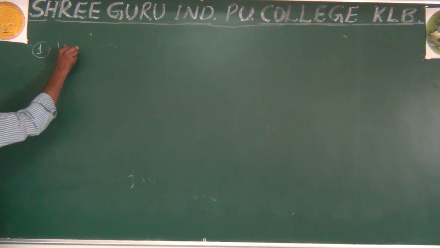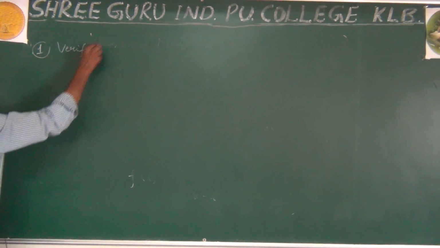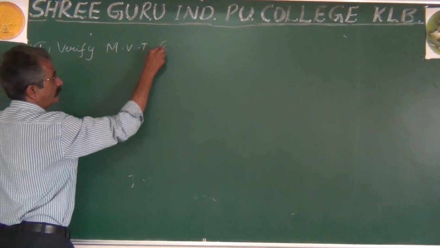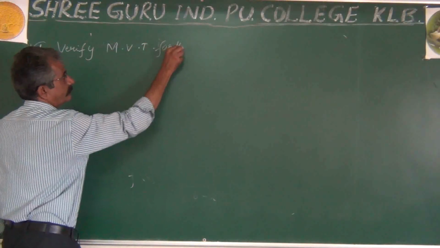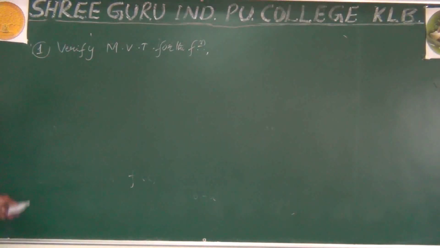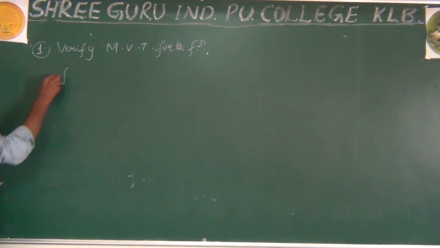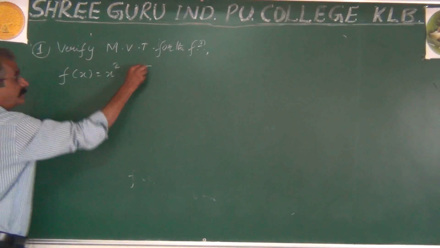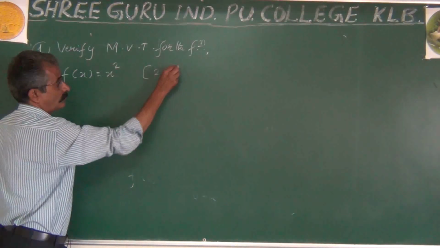Verify mean value theorem for the function f of x equal to x square on the interval 2, 4.